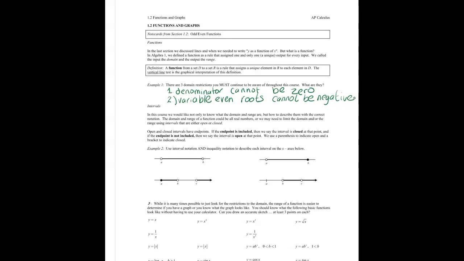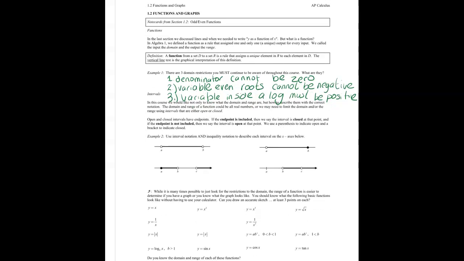I usually just use square roots because they are the most common, but fourth roots and sixth roots and every single even type of root must have a positive number underneath its radical. And the third one that we didn't really get to talk about too much was that a variable inside of a log must be positive as well. So logarithms don't work with negative inputs, and we'll look at graphs in a little bit.